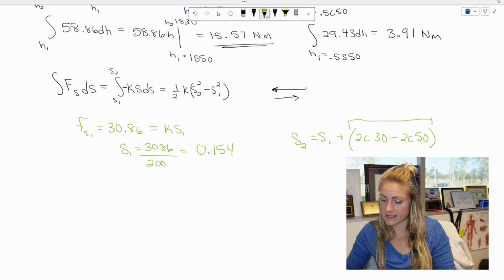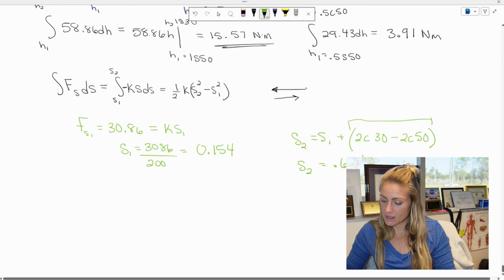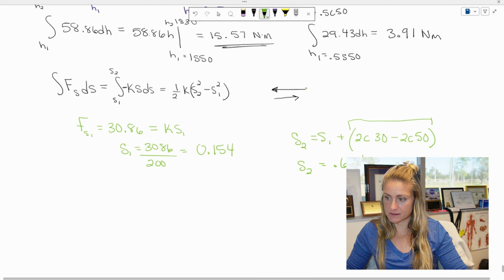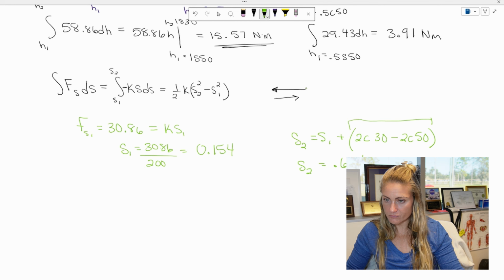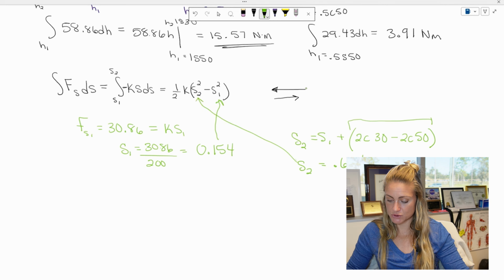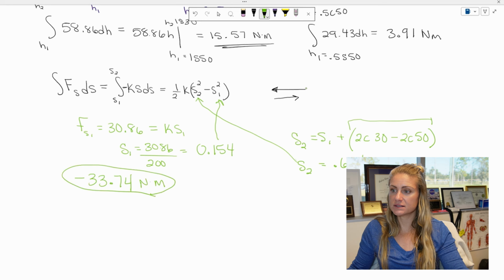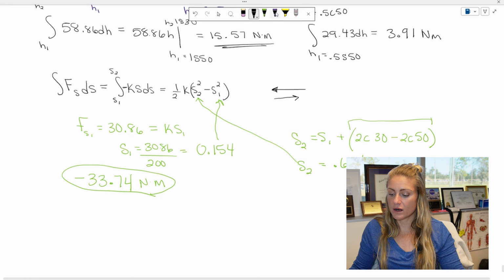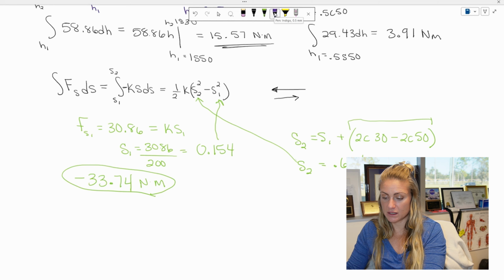So you should get an S2 equaling 0.601, which is good. That makes sense. It's more than S1. So I'm going to plug these in here, and I should get a potential energy of negative 33.74 Newton meter.